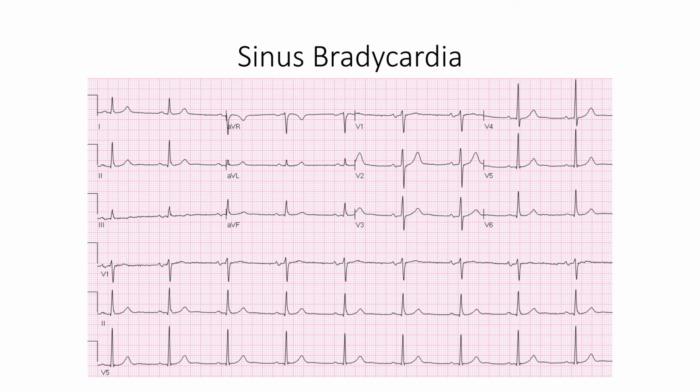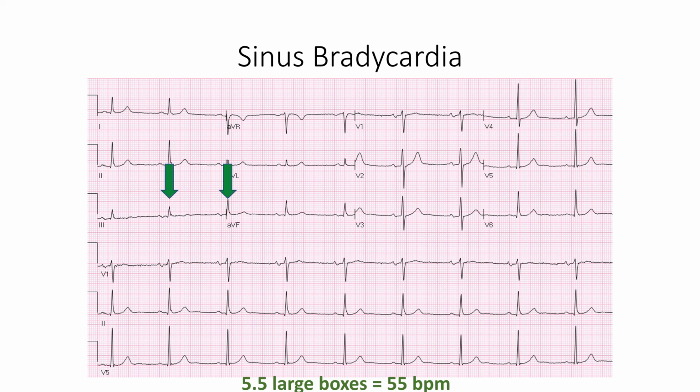Next is sinus bradycardia, and the definition of sinus bradycardia is a rhythm arising from the sinus node in which the rate of impulses is below 60 beats per minute. And let's calculate the bradycardia here. So the distance in large boxes between one QRS and the next is about 5.5 large boxes.